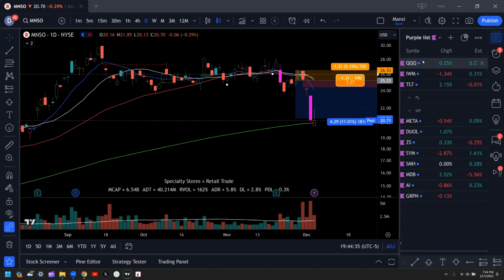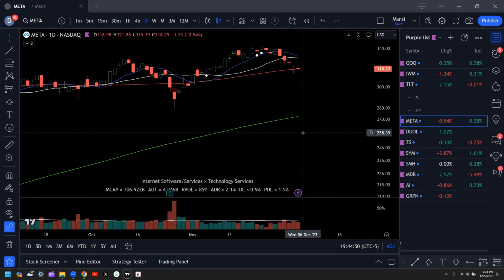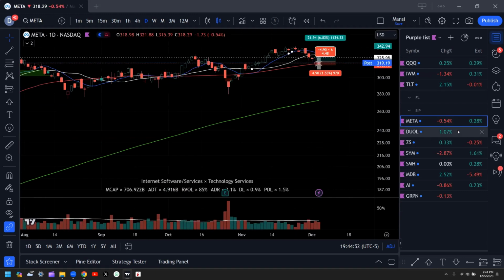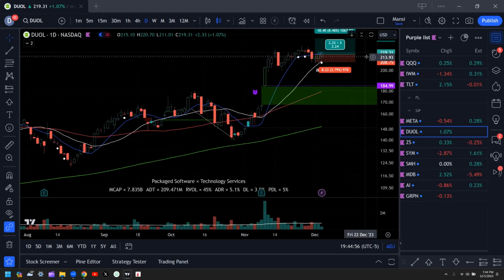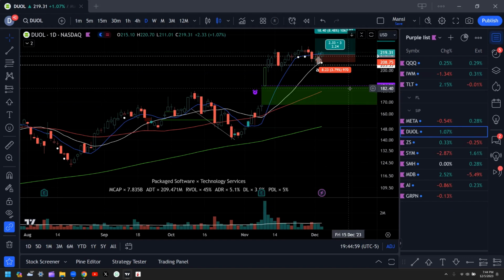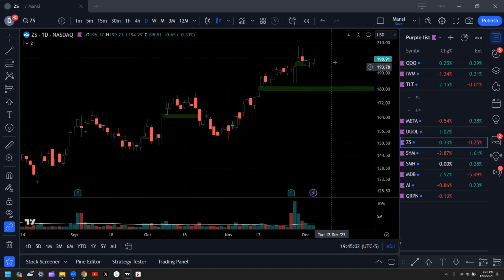Now I'm just going to go through the purple list and finalize what I really want for tomorrow. So these are just the three main indices that I track these days, so I always have them up here. And then Meta is one I'm looking at for the long side. Duolingo, only if it comes back to this level would I honestly be interested, so that's a maybe.